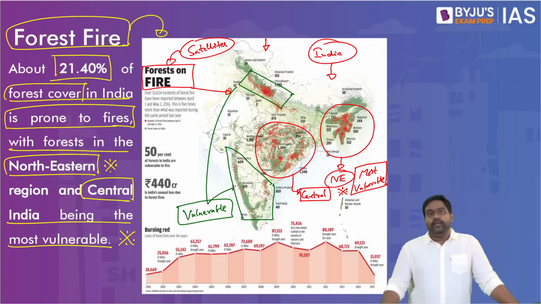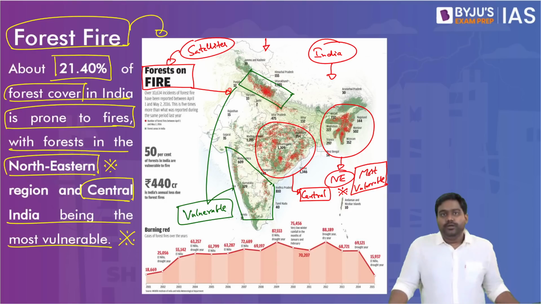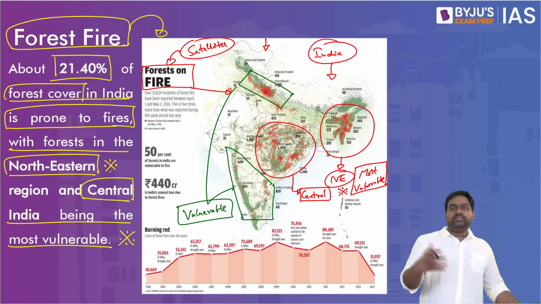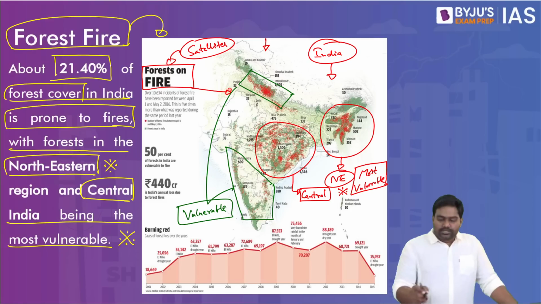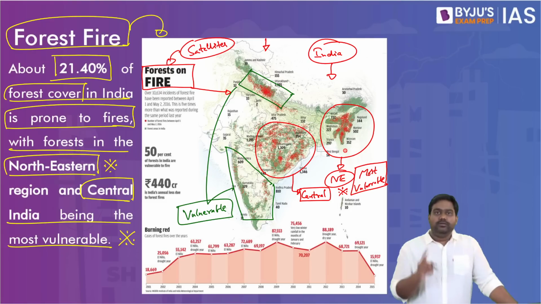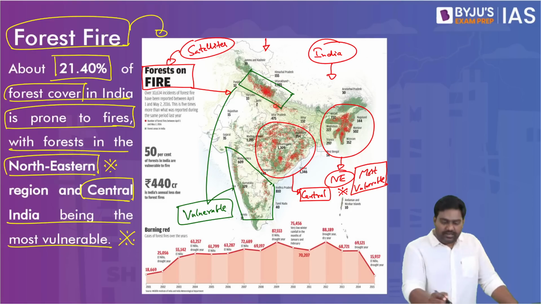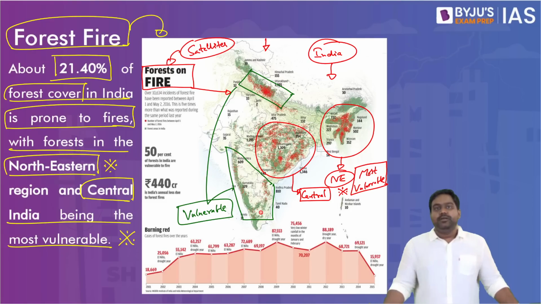So ISRO and many other space agencies have the ability to study and map out forest fires through satellite information. Right? Through thermal imaging, they can detect the breakout of these fires and put them on a map, which gives us a much better understanding of the risk, the hazard, and the vulnerability. So that's how we have figured out that these are the areas where we witness the most number of fires. So Central India and Northeast India have the highest risk, followed by the Himalayan belt and the Western and Eastern Ghats. Is that clear?